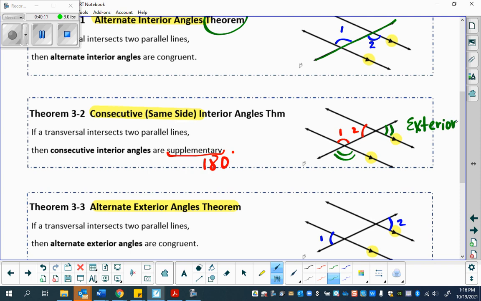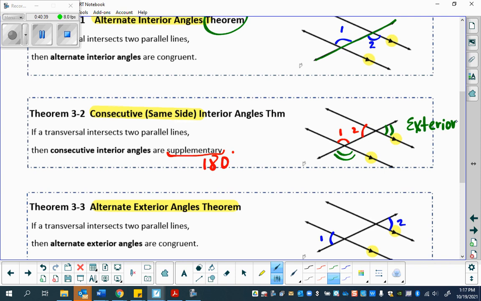We can start to think about in our head how we can prove this. It's a simple conversation. I want you to think about this angle here. What is this angle's relationship to the red? Alternate exterior angles.